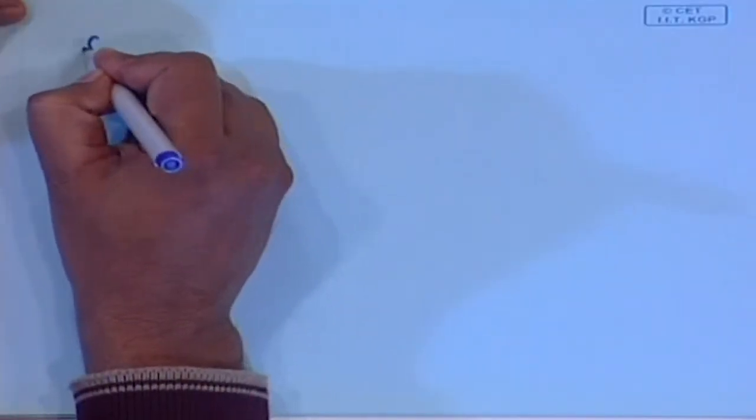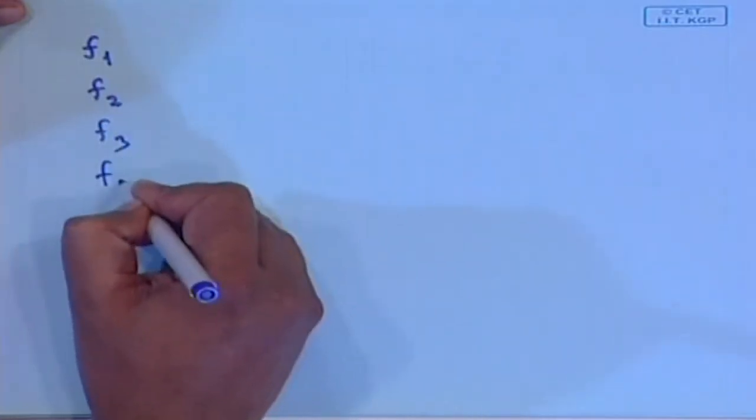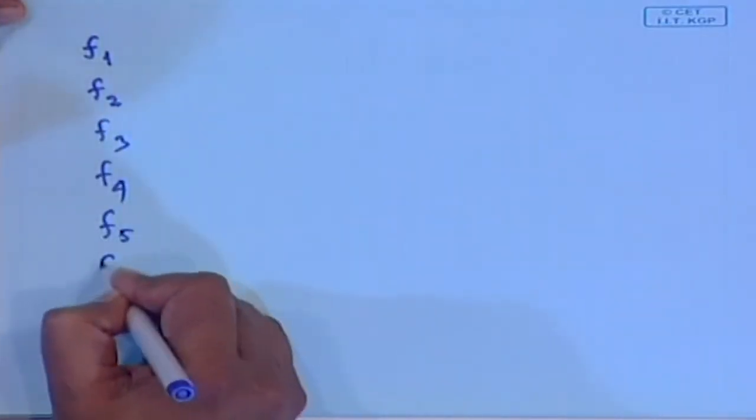See, in case of supervised learning, coming to the feature vector domain, suppose I have a set of feature vectors f1, f2, f3, f4, f5, f6, f7, and so on.